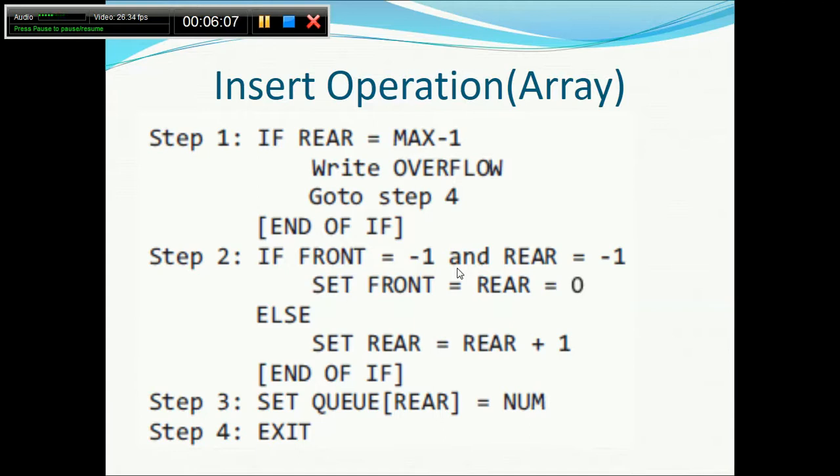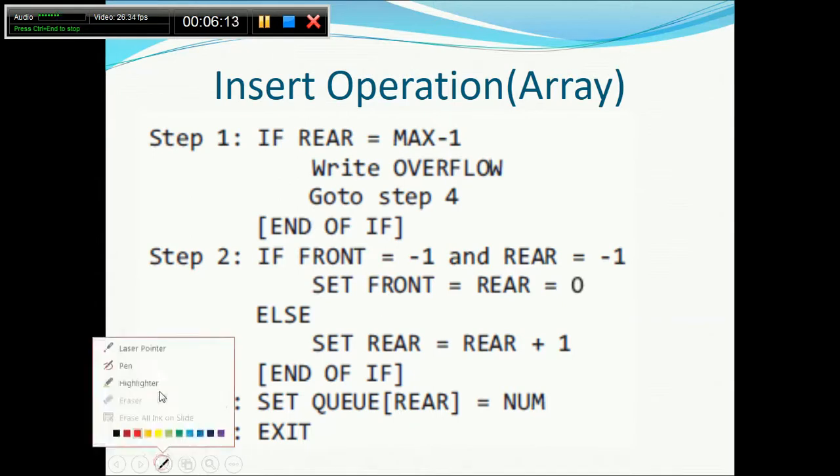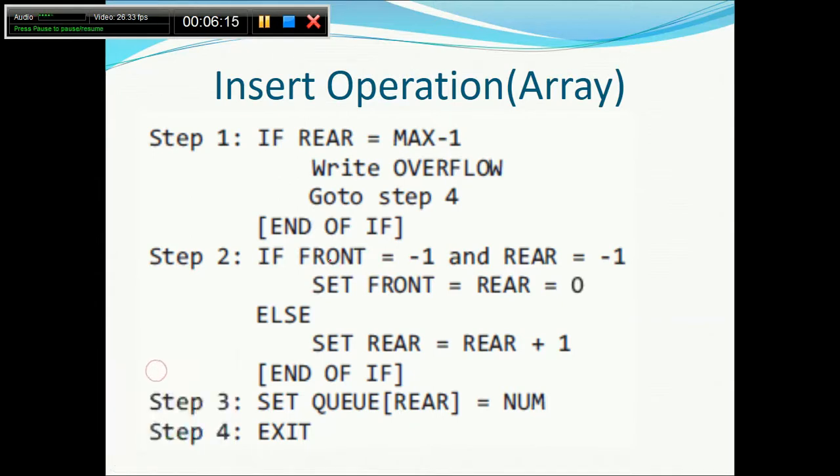In this particular line I am talking about, if front is equal to minus 1 and rear is equal to minus 1, since both are at minus 1, this means we do not have any element in the queue. In that case, both indexes front and rear will simultaneously jump to 0.